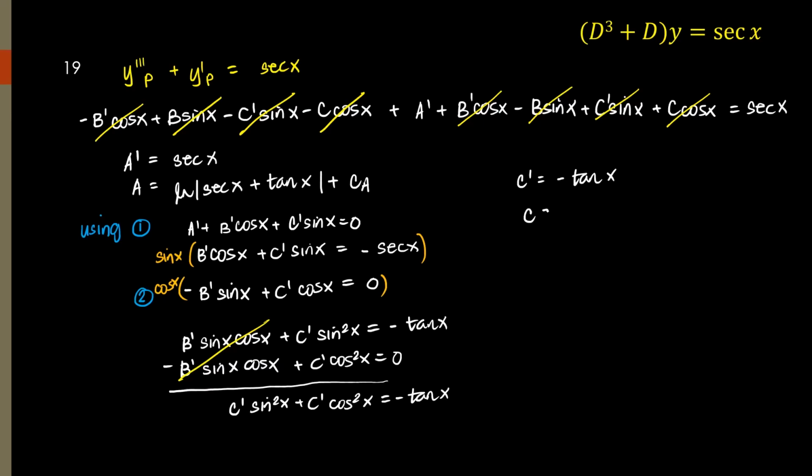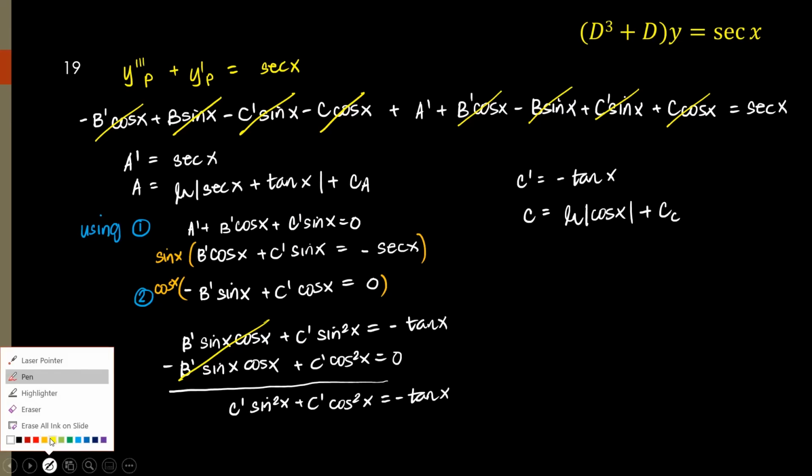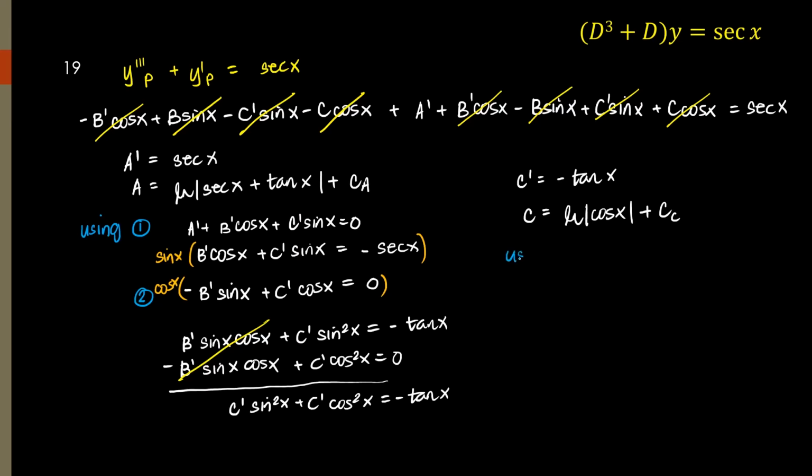So I can see here that my c is, what's the integral of negative tangent, guys? ln of cosine of x plus constant coming from c. So that means we can use equation number 2 to solve for b. So here, using equation number 2, I can say here that negative b prime sine of x plus cosine of x times negative tangent of x is 0.